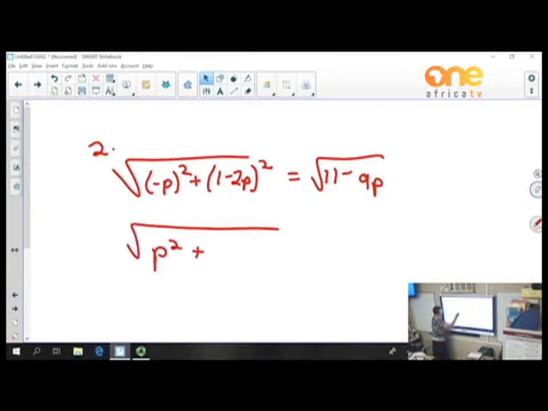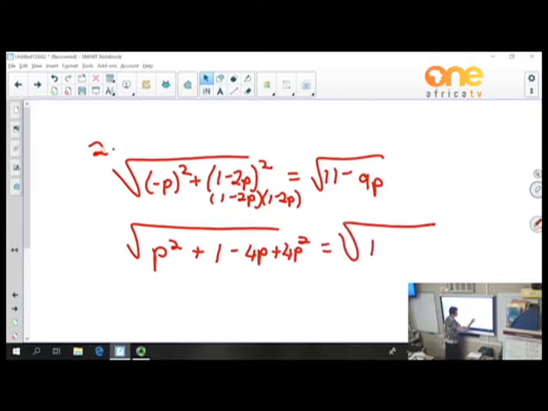Now remember, this is 1 minus 2p times 1 minus 2p. Don't be lazy here because you're going to miss the middle term. So it is then 1 minus 4p plus 4p squared, which is equal to the square root of 11 minus 9p.